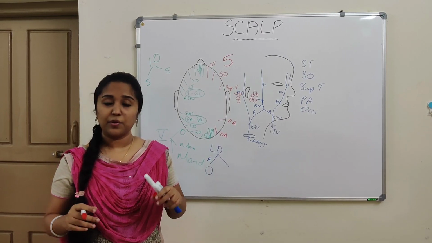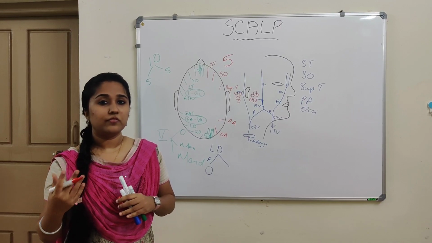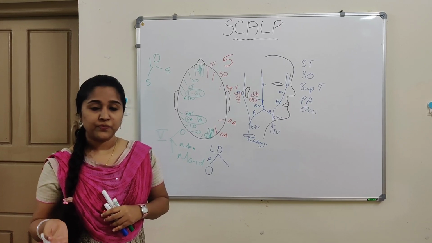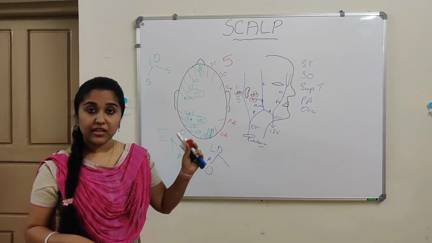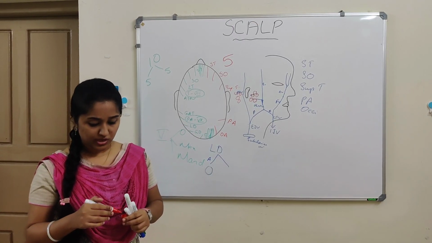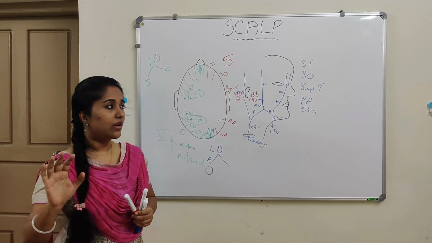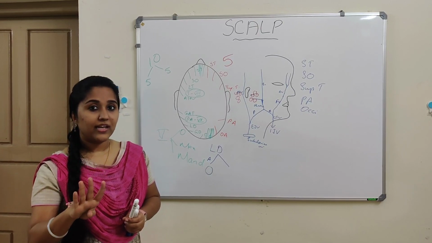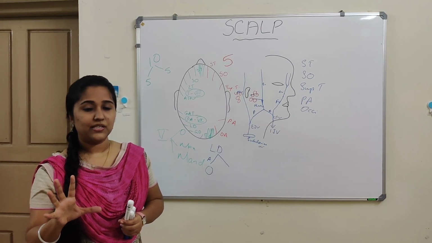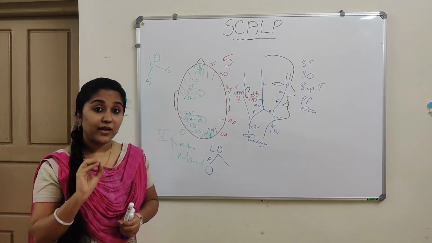We have discussed the various layers, attachments, then the various applied aspects related to the various layers, then the nerve supply, arterial supply, venous drainage, lymphatic drainage. So we can remember a rule of 5 here because the scalp has got 5 layers. The fourth layer is very important and it has got 5 applied aspects.